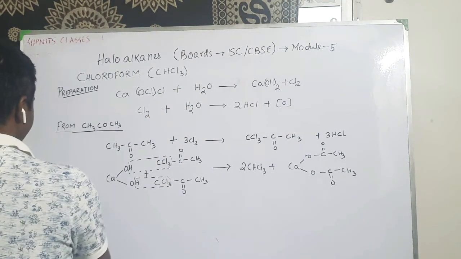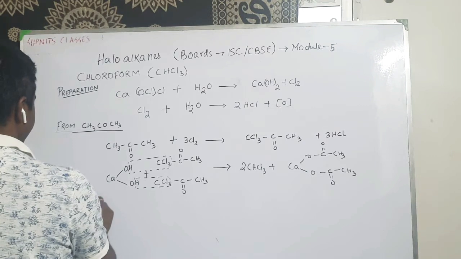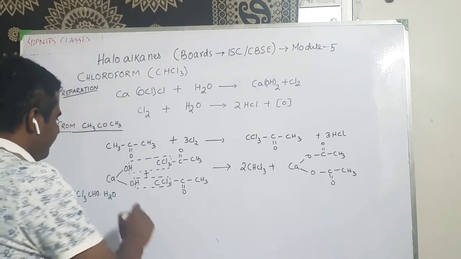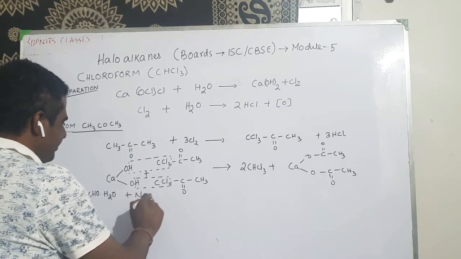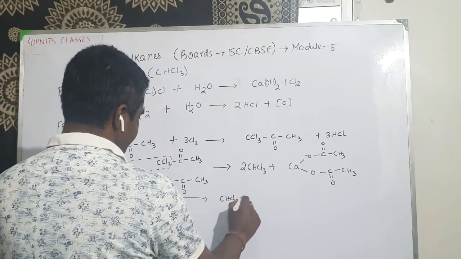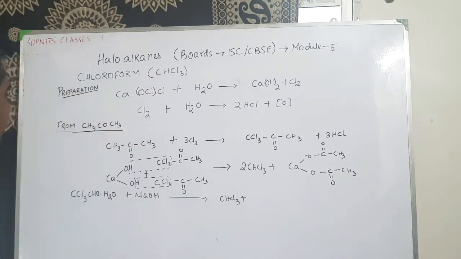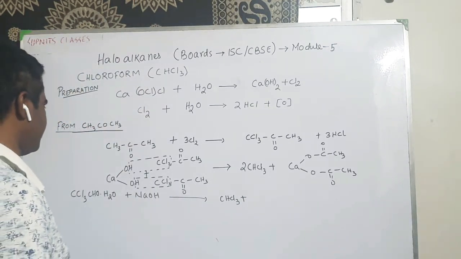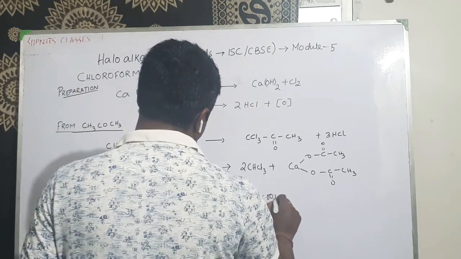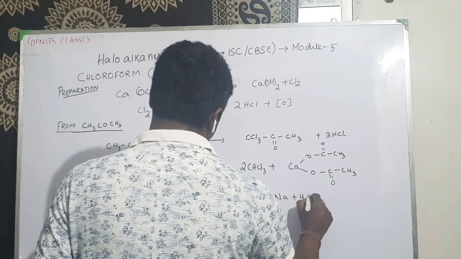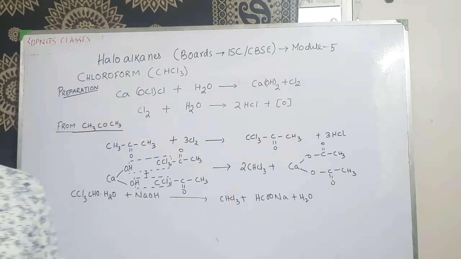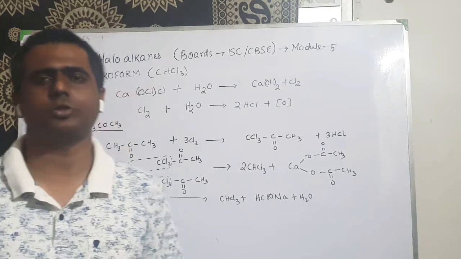Another important reaction is from chloral hydrate, that is CCl3CHO.H2O. From here also you can prepare chloroform if you add NaOH, then you will get CHCl3 as a product, almost the same kind of reaction, nothing much difference, plus HCOONa. So first of all let me tell you one thing, the important reactions will be those of acetone and ethanol to produce chloroform.